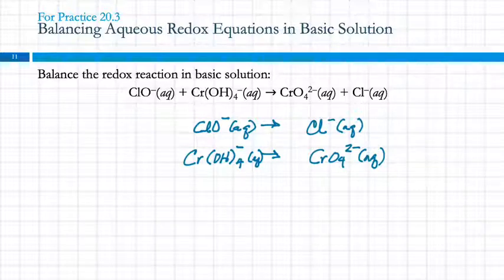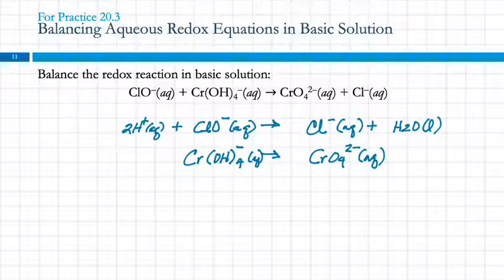Balance for mass. The first half reaction, I have 1 chlorine and 1 chlorine. I have an oxygen on this side, so I need to add water to the other side so that I have 1 oxygen on each side. And then that means I have to add 2 hydrogen ions over here to balance the hydrogens.